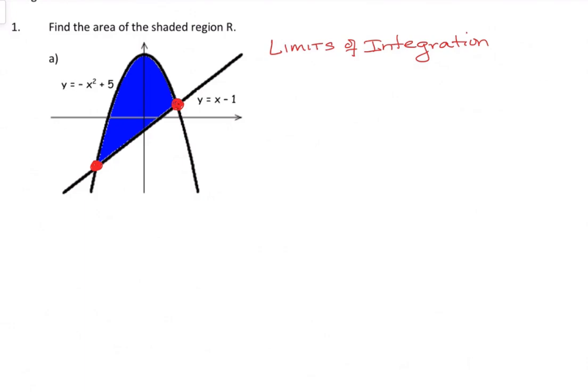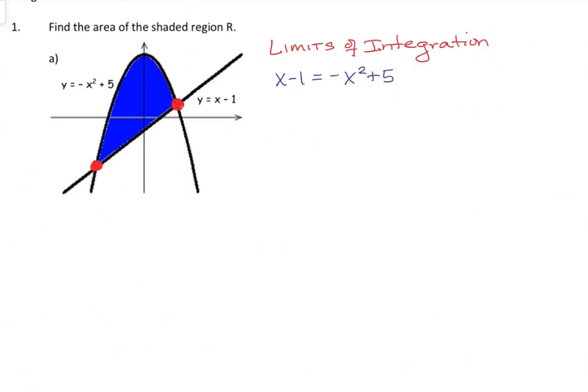So these 2 points are where those two functions are equivalent because they're sharing that same point. So in order to find my limits of integration, what I'm going to do is set these two functions equal to each other. So I can see in the graph where those two functions are equivalent.